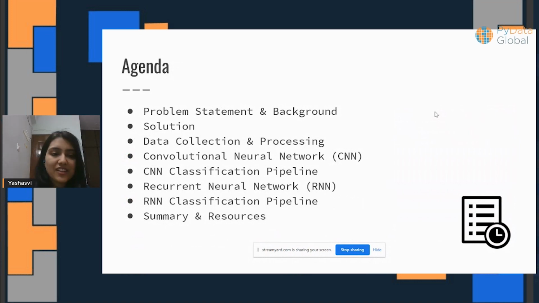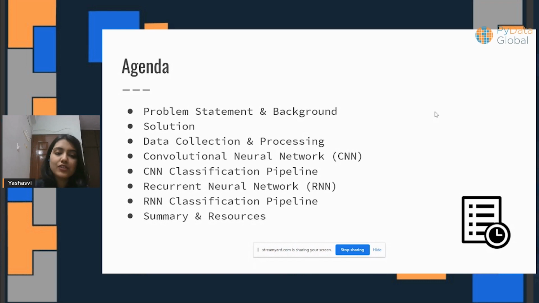Before getting started with the session, I would like you to walk through the agenda with me. So first, we'll be going through the problem statement and the background, followed by an overview of the solution that was picked up to solve this problem. Then we'll be diving deeper into the data collection and processing techniques.